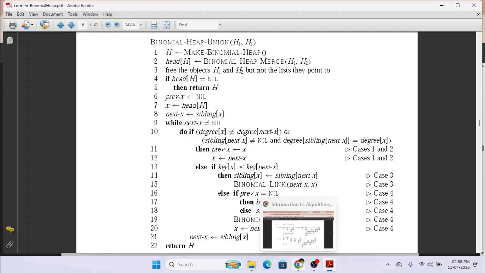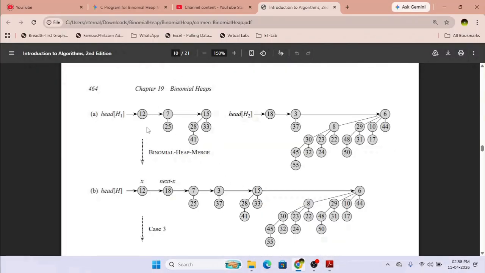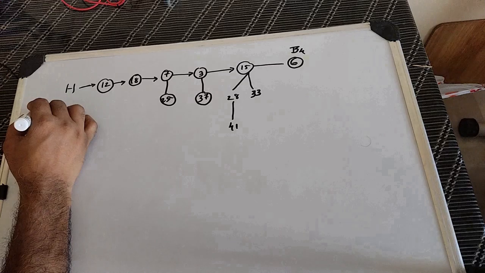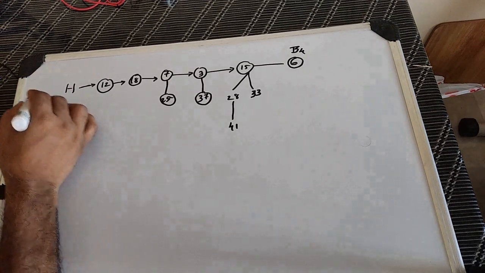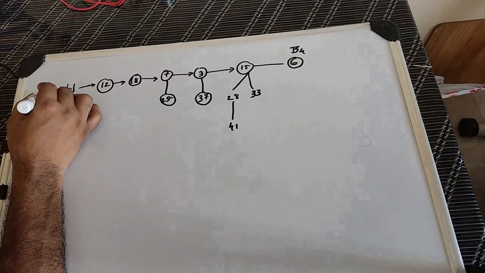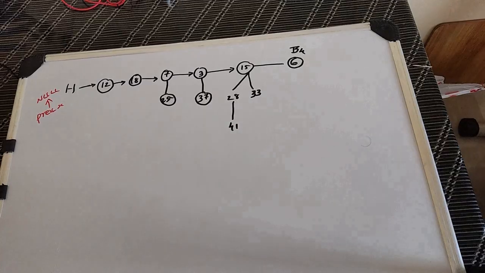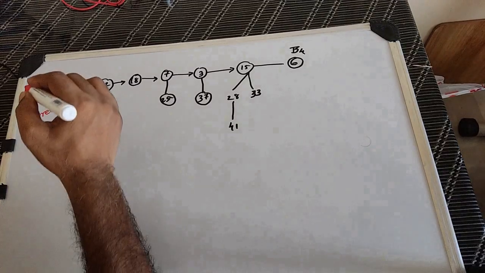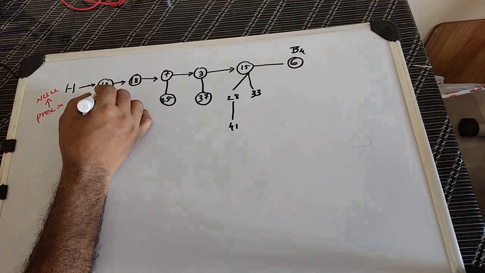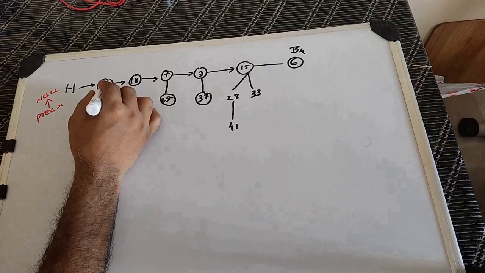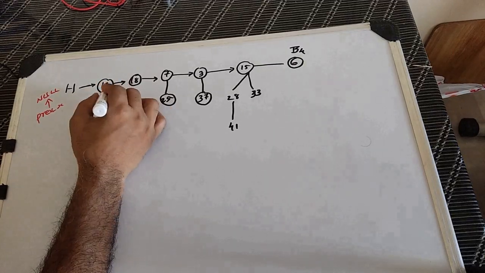Let us see this. These are H1 and H2, two binomial heaps. After merging, you will be getting a non-standard heap. Previous x is pointing to null. Then this is x, the root of the first binomial tree.